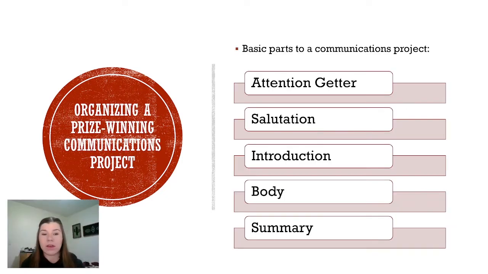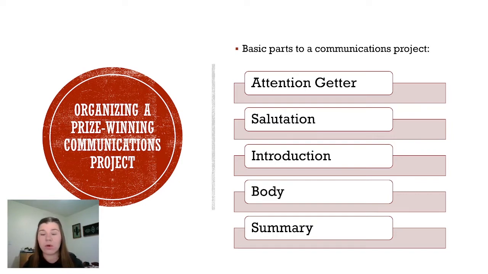Now that we have covered those three main areas to put together and to start to build a good speech or presentation that you're really going to excel with, we're now going to focus on organization. So you can have a really strong topic and you can do a lot of research on that topic and you can really be ready to hit home why everyone needs to see the topic as you see it.